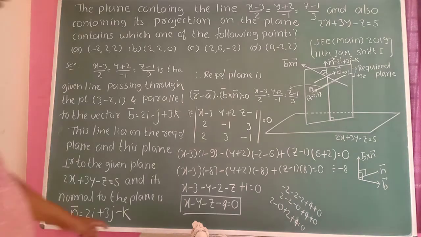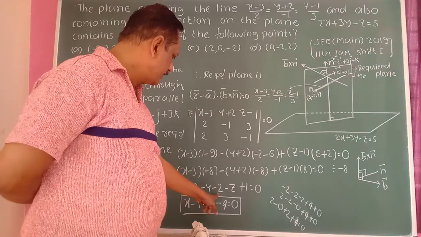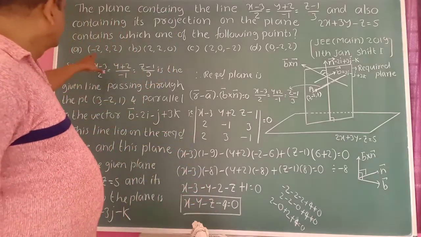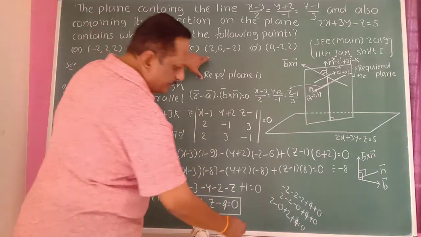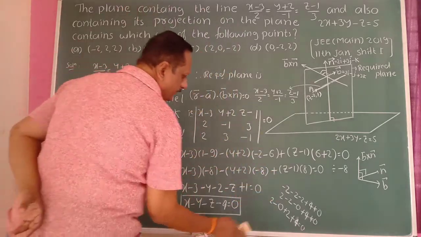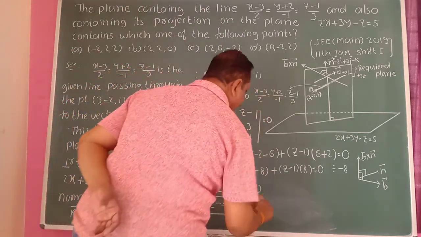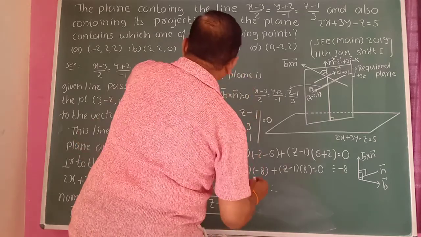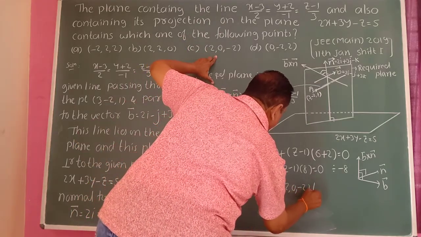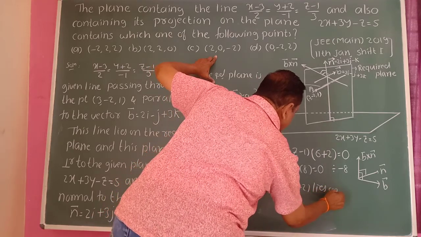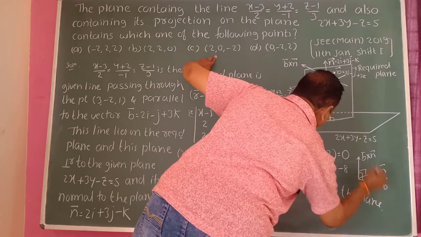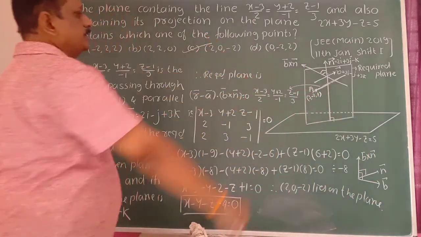Therefore, just substituting the values, the third option is correct, which means the point (2, 0, −2) lies on the plane. Therefore, the third option is correct here.